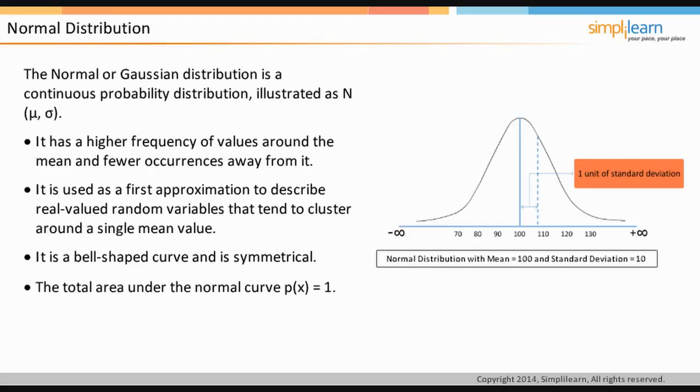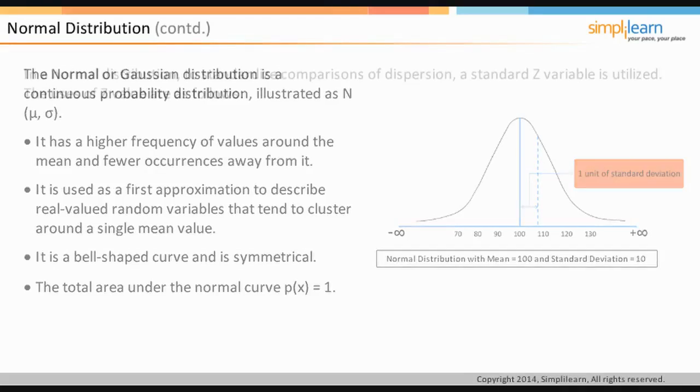Various types of data, such as body weight, height, the output of a manufacturing device, etc., follow the normal distribution. Additionally, normal distribution is continuous and symmetrical, with the tails asymptotic to the x-axis, which means they touch the x-axis at infinity. Let us continue to discuss normal distribution in the following screen.